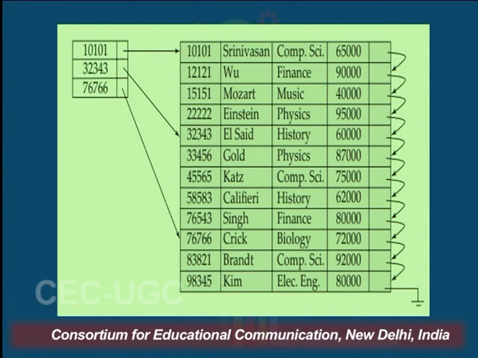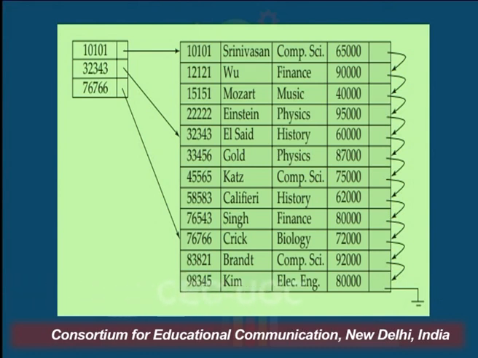So, for example, someone is looking for 10101, then it will be directly pointing towards this. Now, let us say someone is looking for 15151. The next entry in the index is 32343, and please remember that these are in sorted order.